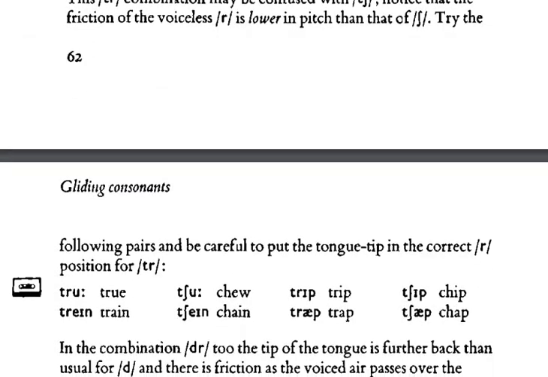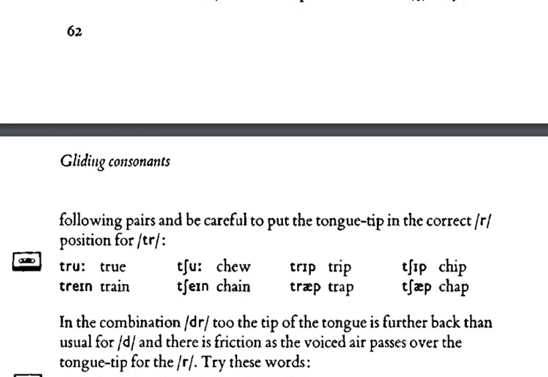Try the following pairs and be careful to put the tongue tip in the correct position. Always focus on the way the sound R is pronounced, and place the tongue tip in the correct position for producing R. See: true, true and chew. Train, chain. Trip, chip. Trap, chop.